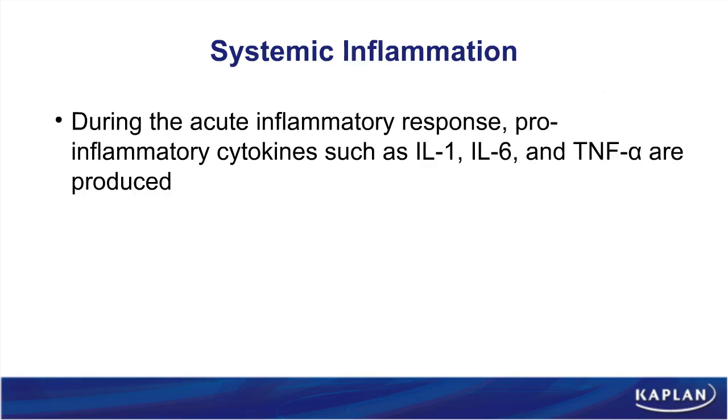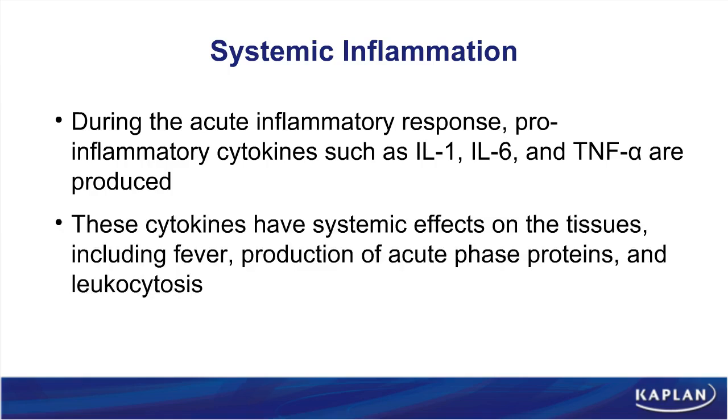Dr. Alley talked to you about the acute inflammatory response, and she mentioned the pro-inflammatory cytokines, which she already mentioned are extremely important and high yield, and those were IL-1, IL-6, and TNF-alpha. Those are produced during the acute inflammatory response, and she already talked to you about what some of their functions are.